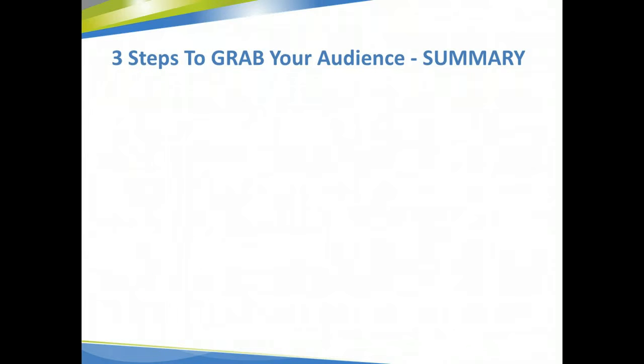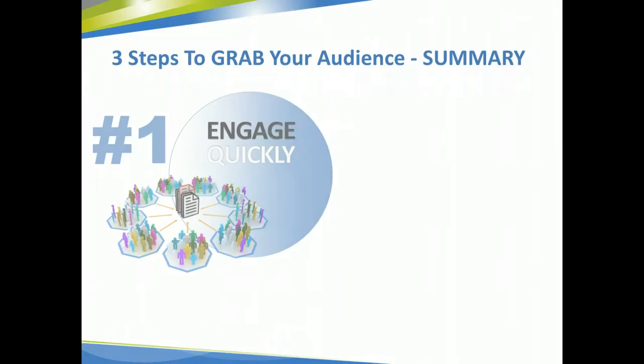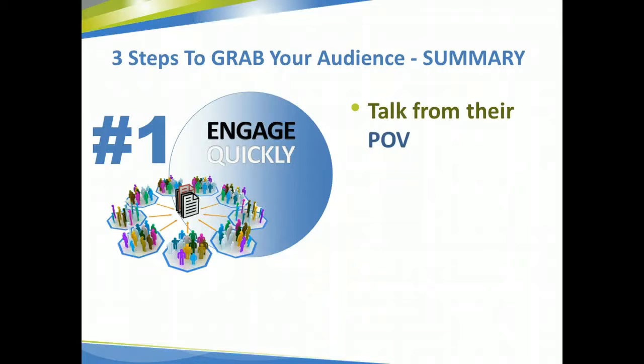So here's where we've finished off, taking a quick look at our first step of our three-part formula. How do you grab your audience? Well, the very first thing you do is engage them. You get them interested in what you have to say by talking from their point of view.